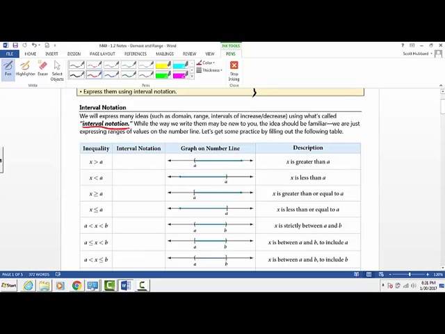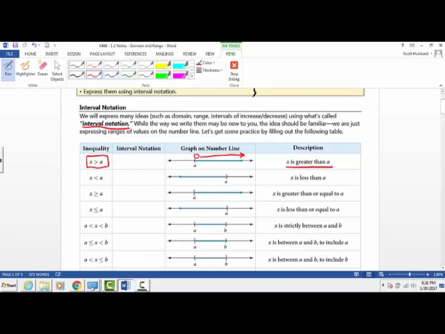It's pretty straightforward if you remember how to graph on a number line. So if I want to say that x is greater than a, remember that's open here. You might learn it as an open dot, and it goes this way. And the way we write that with an inequality is saying x is greater than a.